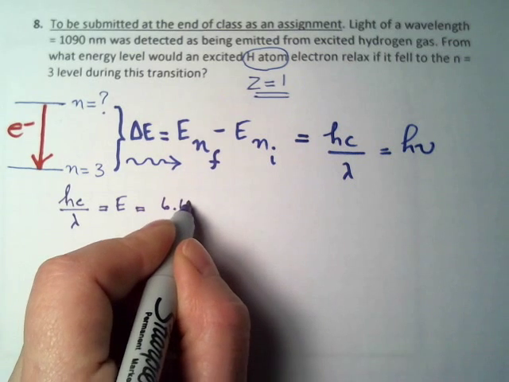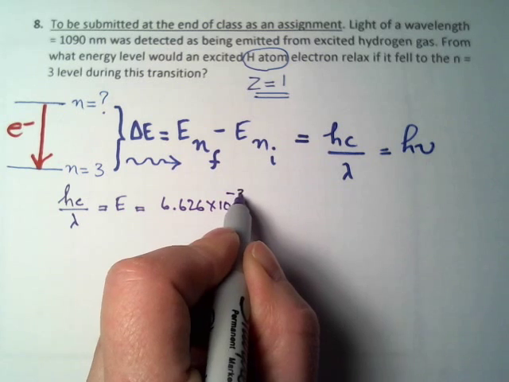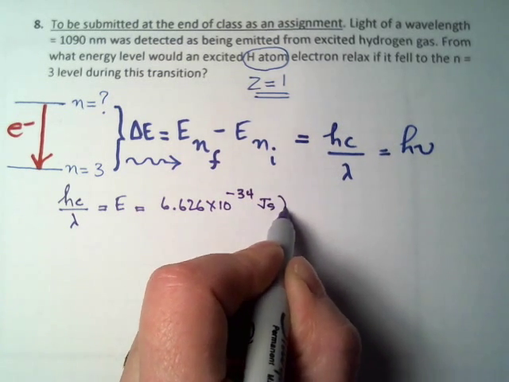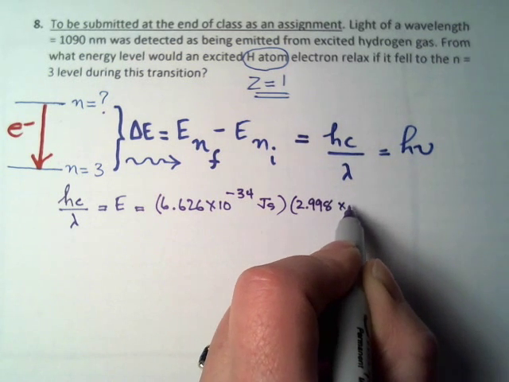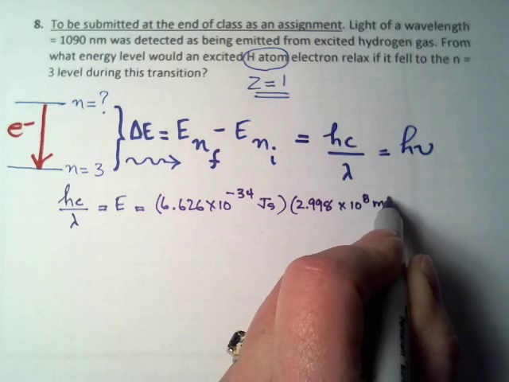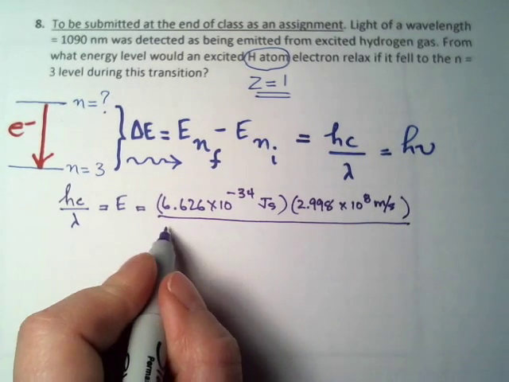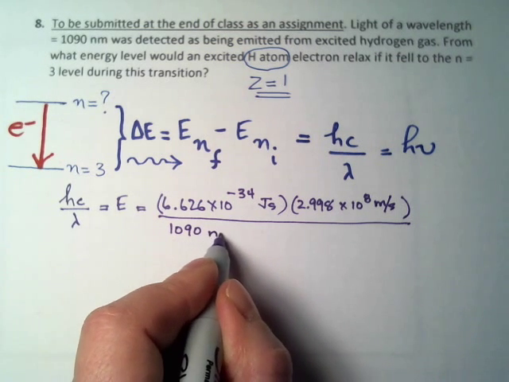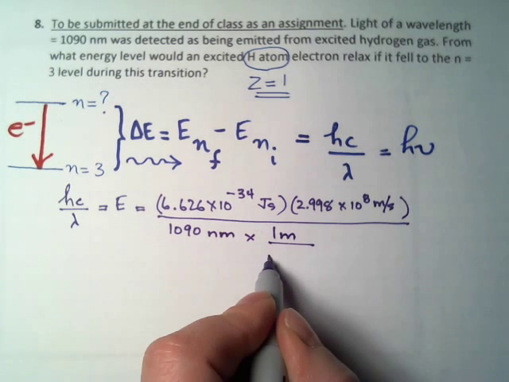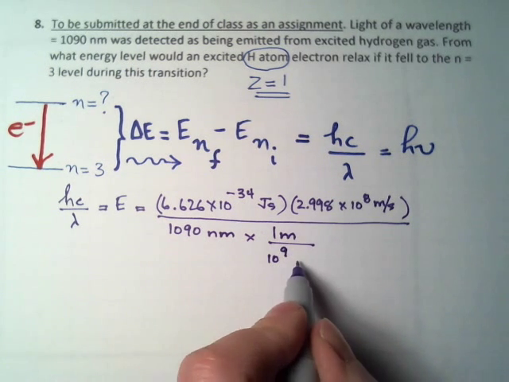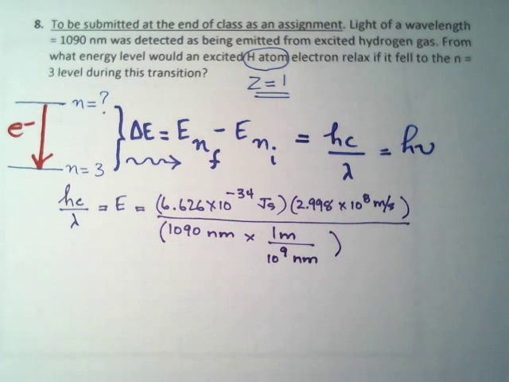I have Planck's constant, 6.626 times 10 to the minus 34 joule seconds, times the speed of light, 2.998 times 10 to the 8 meters per second, all over 1090 nanometers, which I need to be in meters, and 1 meter is 1 times 10 to the 9 nanometers.